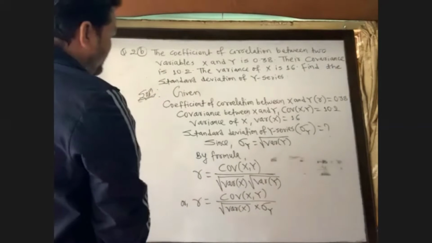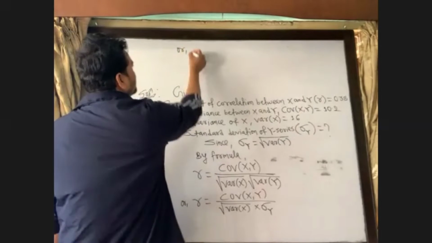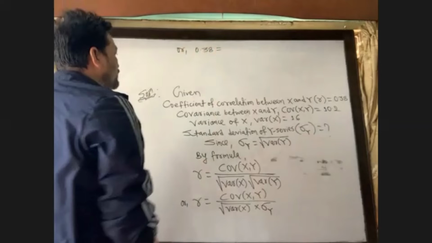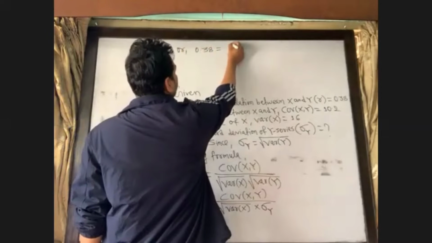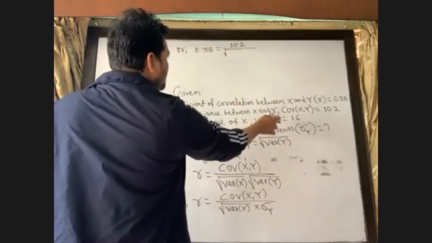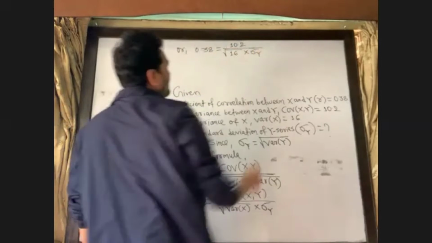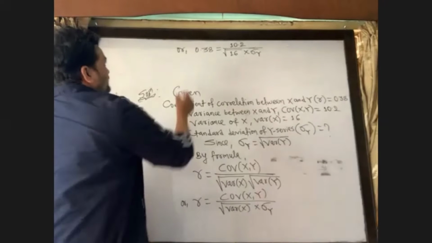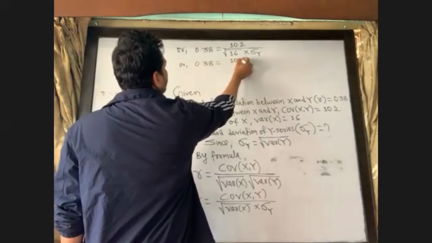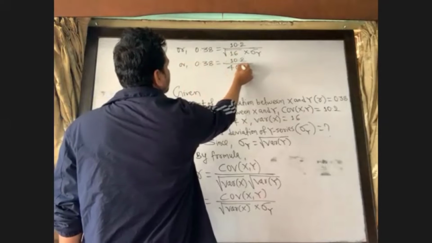Now let's put in the values. We know all the values. r is 0.38, equal to covariance between x and y, which is 10.2, divided by square root of variance of x, which is 16, into sigma y, whose value we have to find out. So 0.38 is equal to 10.2 divided by root 16, which is 4, into sigma y.